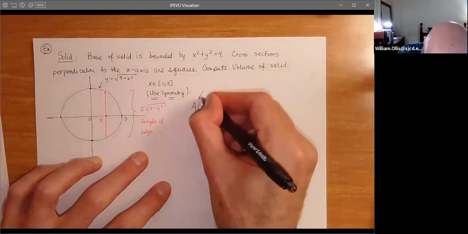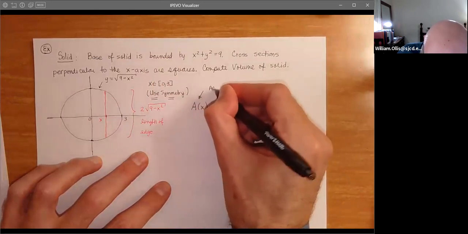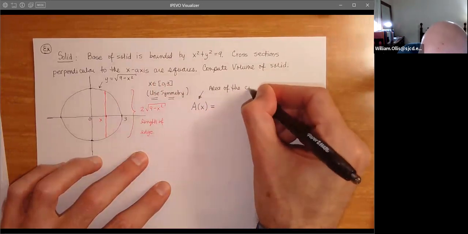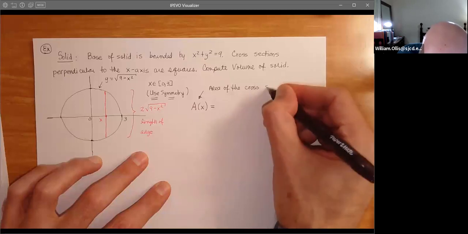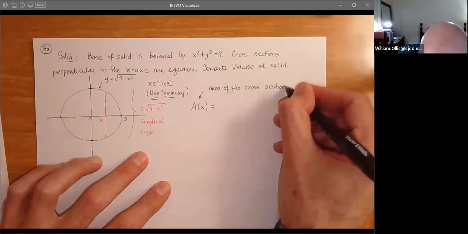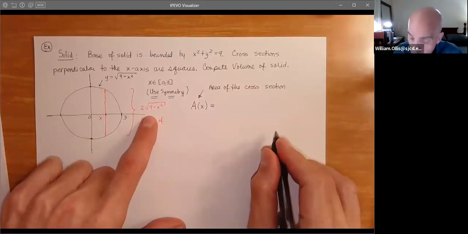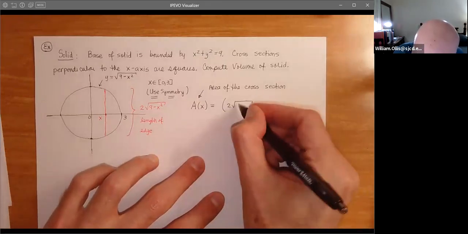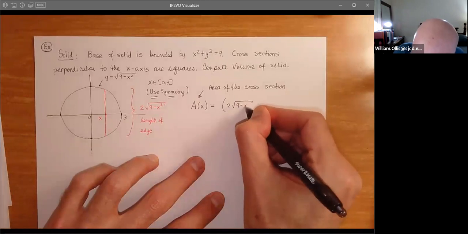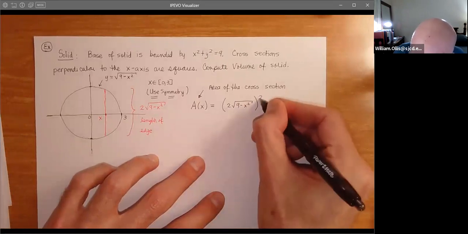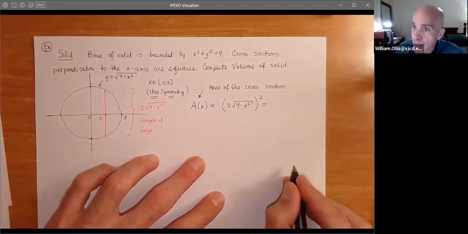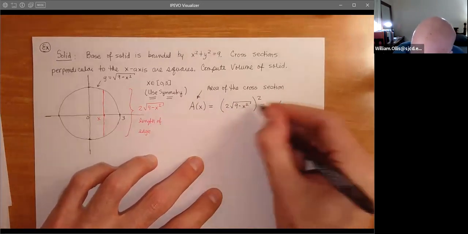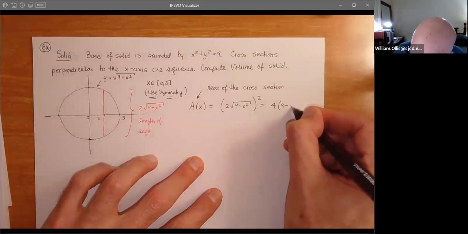So this is what we call the area of the cross section. And so that's just going to be an edge squared. So we say 2 square root 9 minus x squared, squared. That's the area of the square. And when we square, we get 4. And of course, the radical is eliminated, 9 minus x squared.